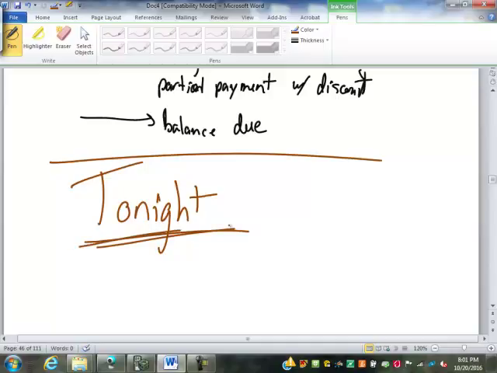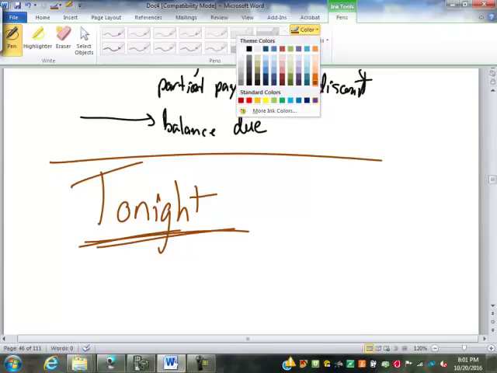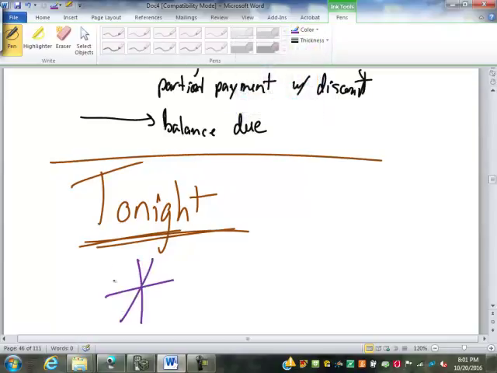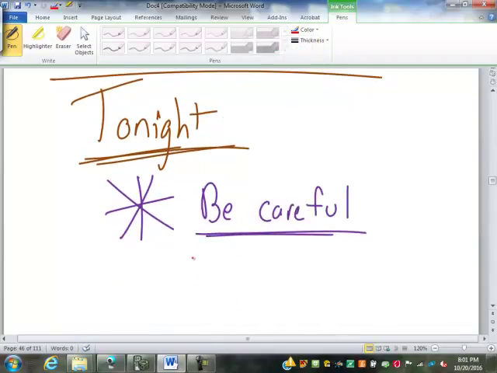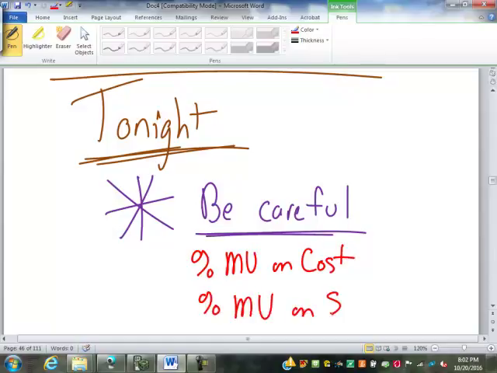Now, I'm going to give you a warning about the stuff we learned tonight. Be careful about percent markup on cost versus percent markup on selling price.